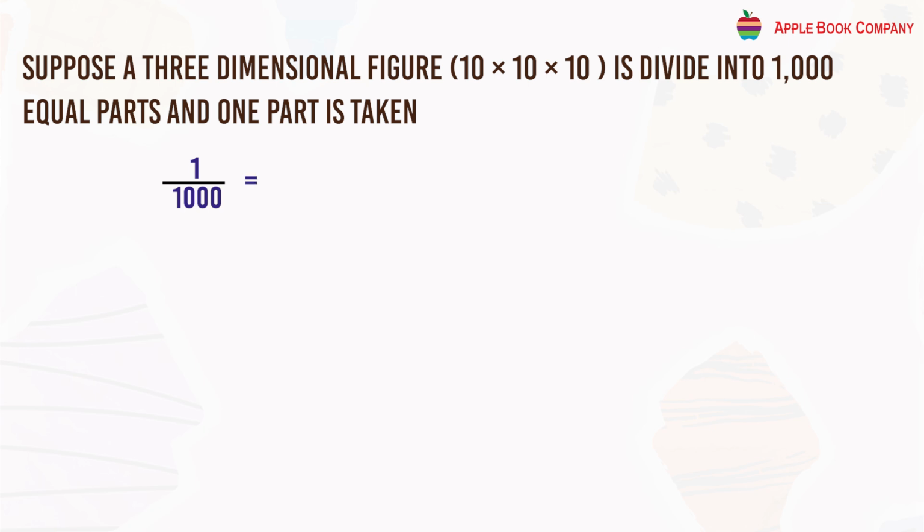We denote it by 0.001 and read it as decimal 001. A decimal fraction with 1000 as denominator has 3 digits after the decimal point.